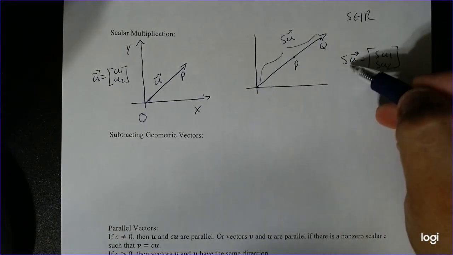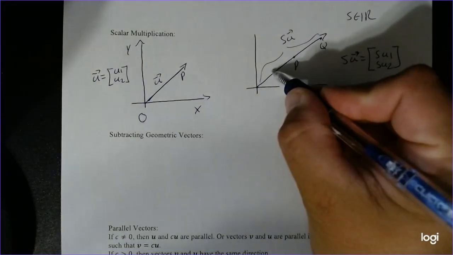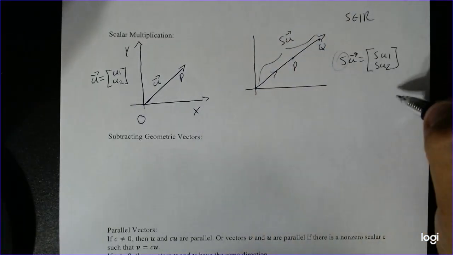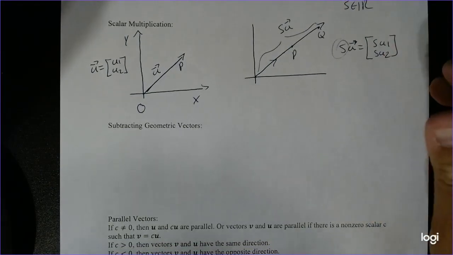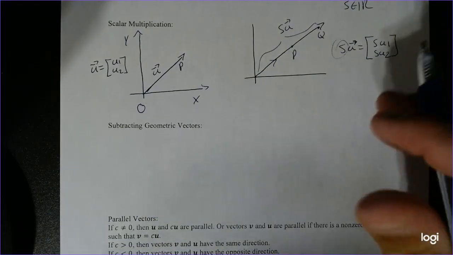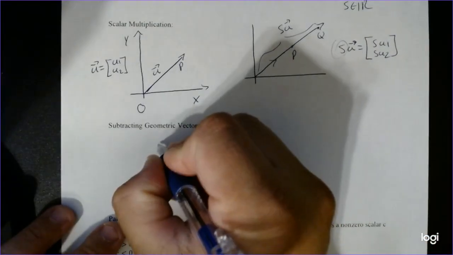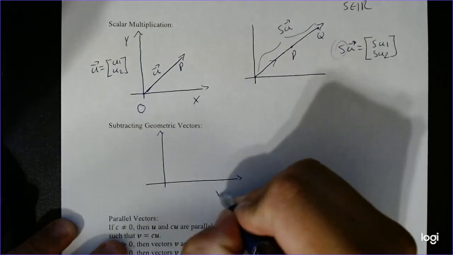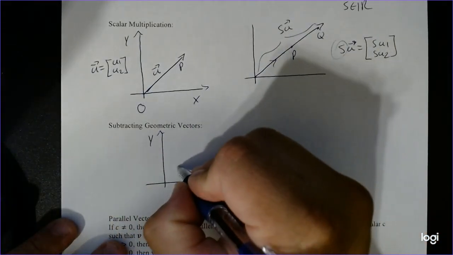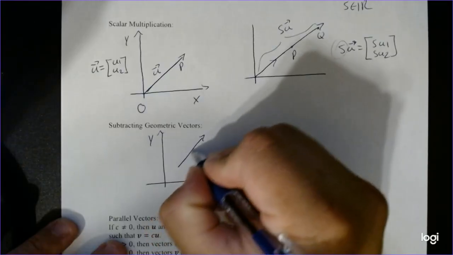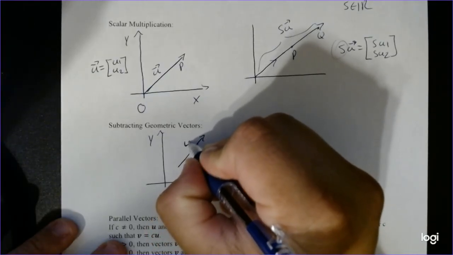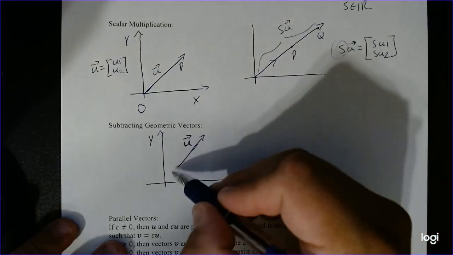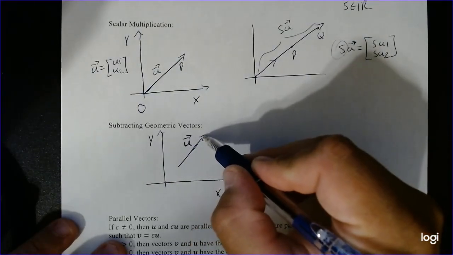Or I can scale it down, right? If it was 1/2 times this, it would now be just half of it here, right? So I'm just stretching it or compressing it, depending on the constant s in this case. Okay. Now, subtracting is component by component, but it actually gives you something very interesting when it comes to vector subtraction. So vector subtraction looks like this. It's a subtle difference, but it does make a big difference in the long run. Now, when it comes to addition, the next vector will be added on from start to end, right?